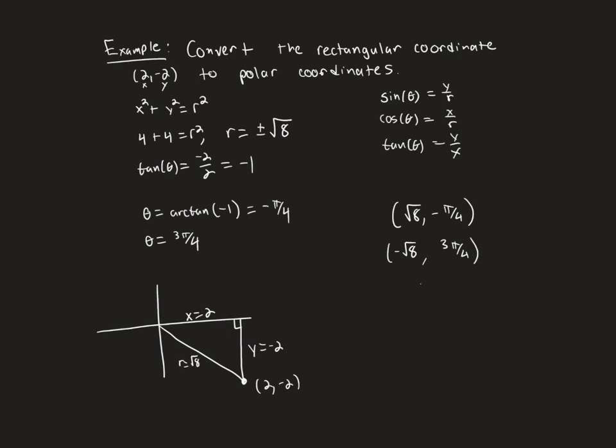So we get r as positive root 8. And then we notice that this is a 45, 45, 90 because these two sides are the same. And we know that this angle here is going to have to be negative pi over 4. So that's another way to figure out the root 8, negative pi over 4.